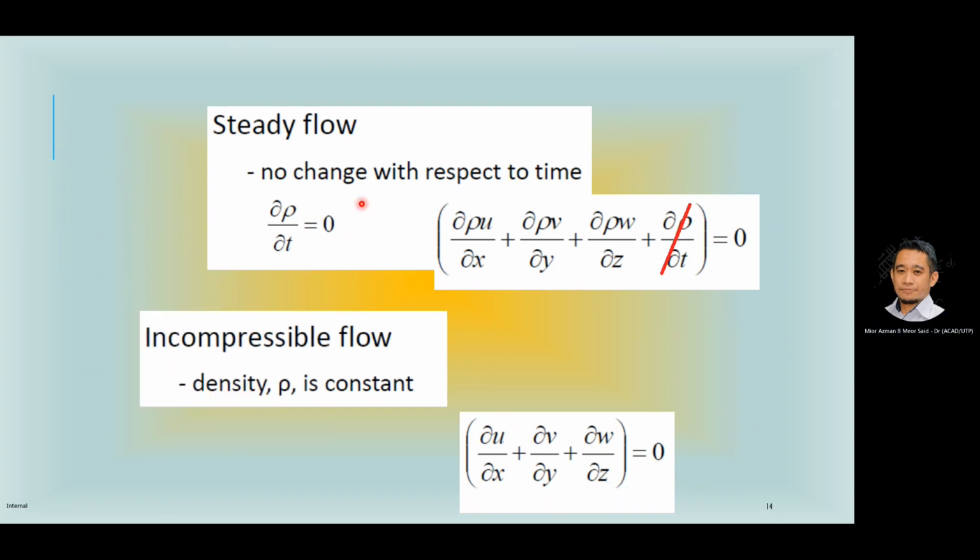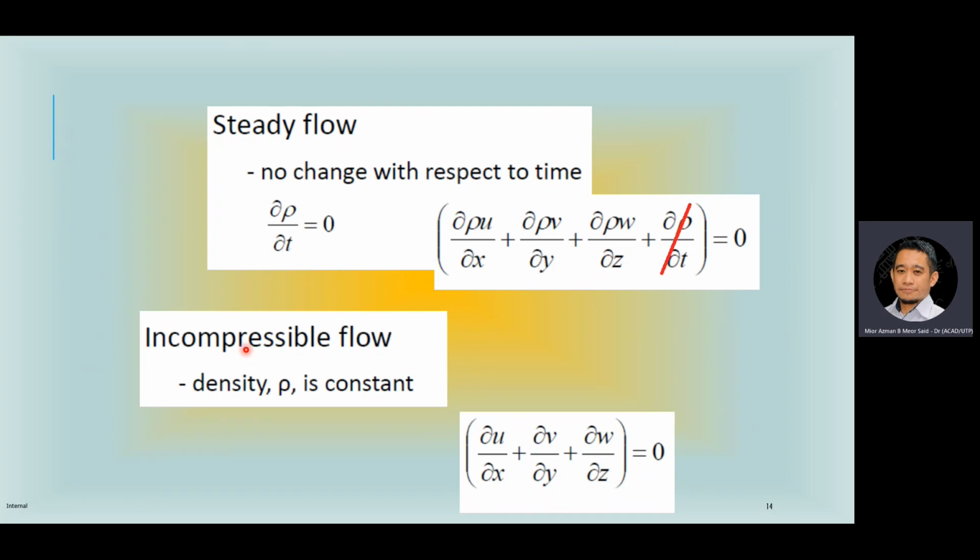For the continuity equation, if it's steady flow, where there's no change with respect to time, the equation becomes just these three terms equal to 0.